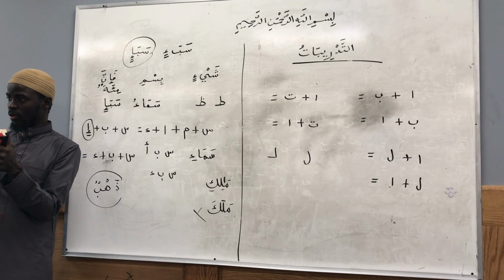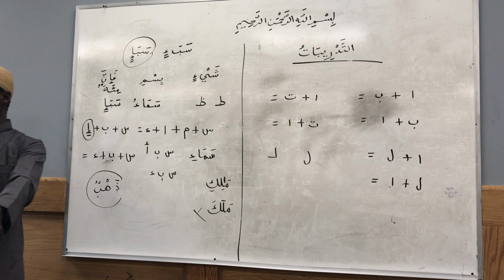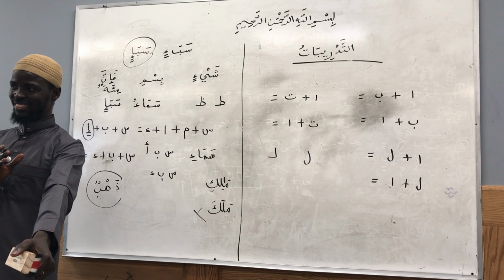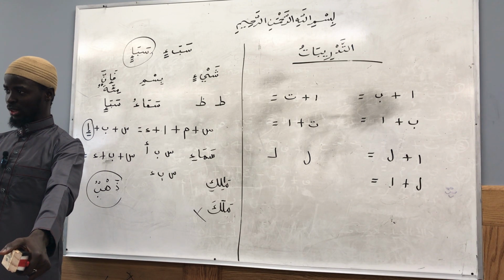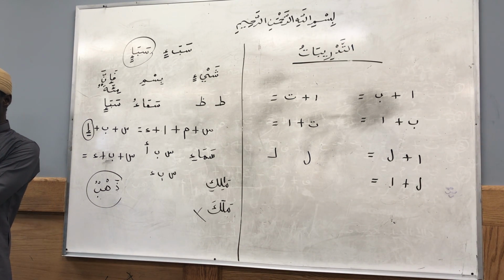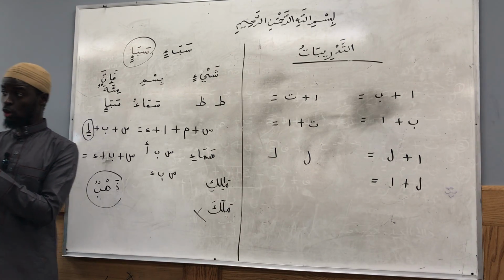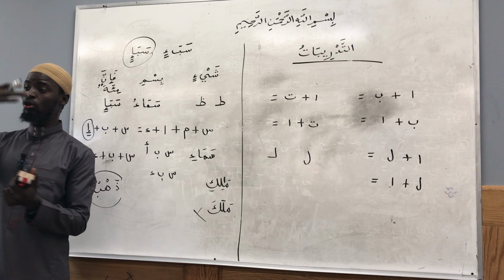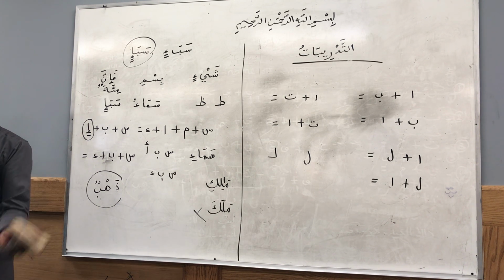That is why Hamza is different from the other six, because Hamza is what? Streaky. But whenever Hamza is at the beginning, you don't connect it with any other letters, and you cannot put Hamza on top of anything.